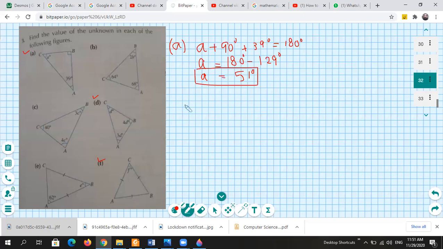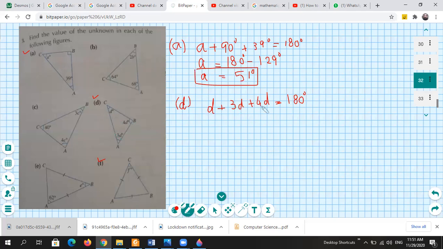Similarly, in part D, we will apply the same concept. The sum of all the angles is 180 degrees. So we have three angles: D, 3D, and the third one is 4D. So I'm adding all these angles, D plus 3D plus 4D, and it must be equal to 180 degrees. All of these terms are like terms, so they will be added.